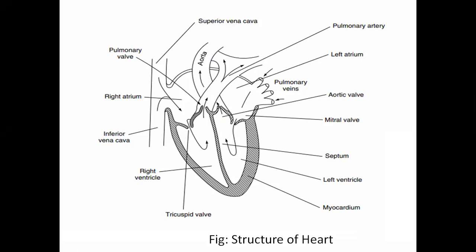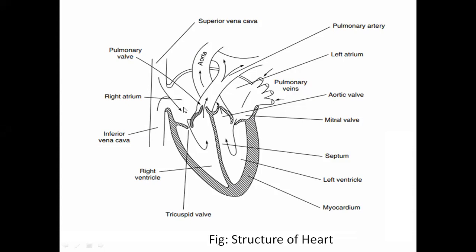From the digestive system we absorb some food, and that will be converted into the energy form. Okay, so some compounds of energy will be generated, and similarly oxygenated blood will be converted into deoxygenated blood, and that deoxygenated blood will be sent to the heart through the inferior vena cava and superior vena cava.